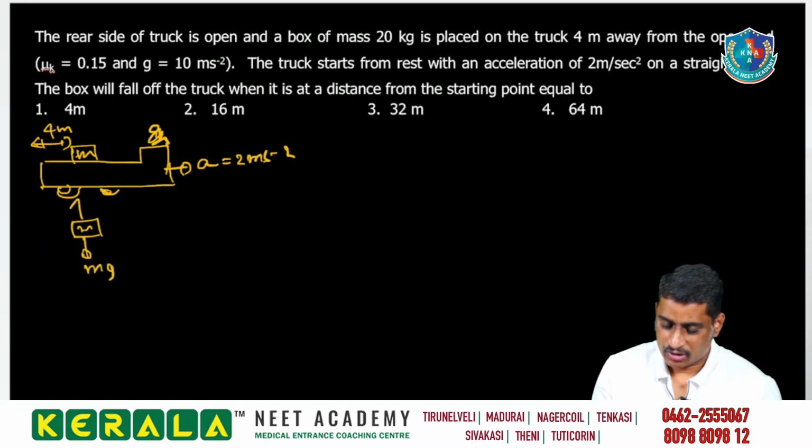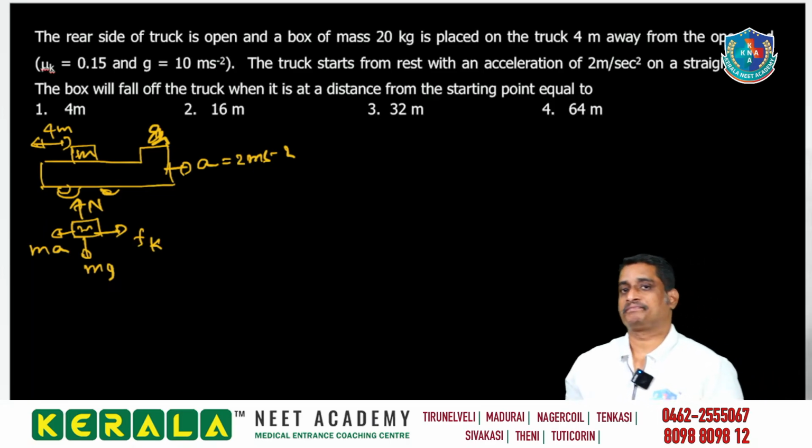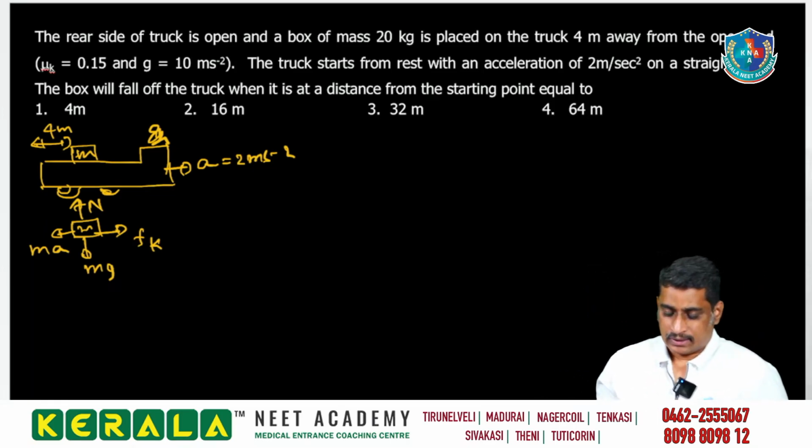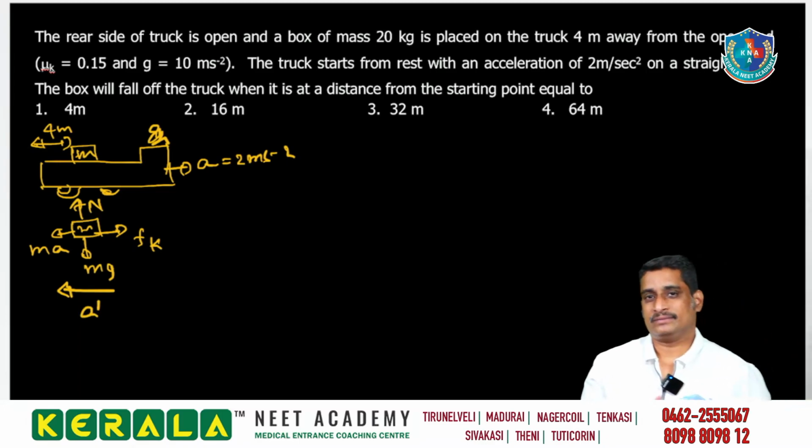One is mg, second is the normal force, third is the pseudo force, and the fourth is kinetic friction. These are the 4 forces acting on the block. And here the block is accelerating along the negative x-axis with respect to the truck.